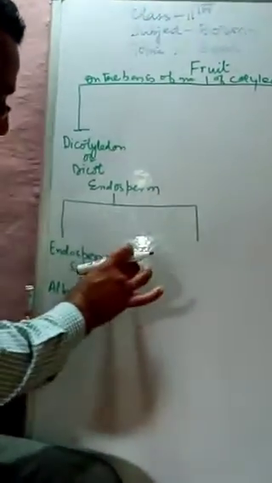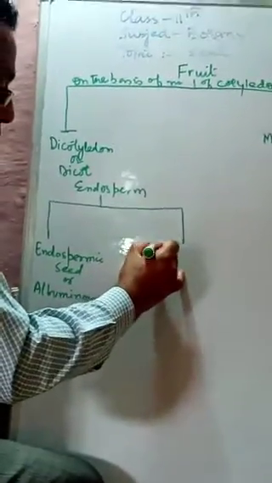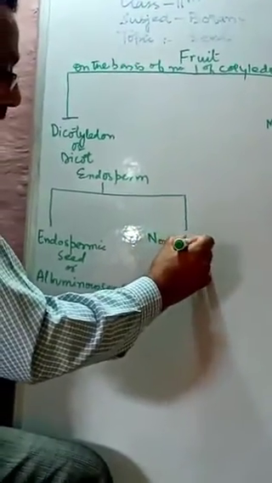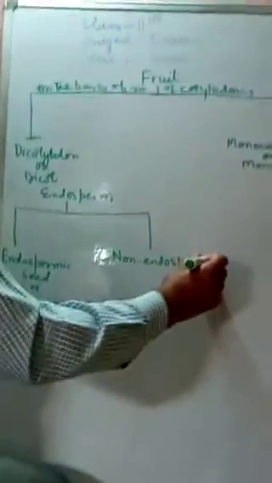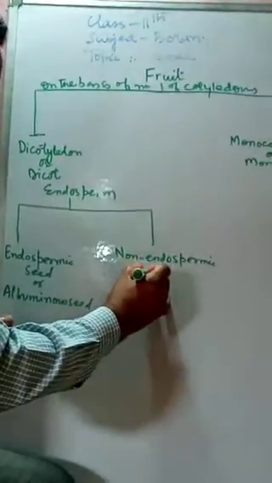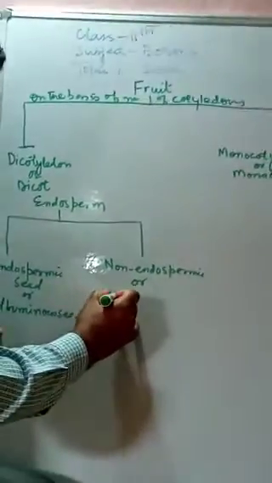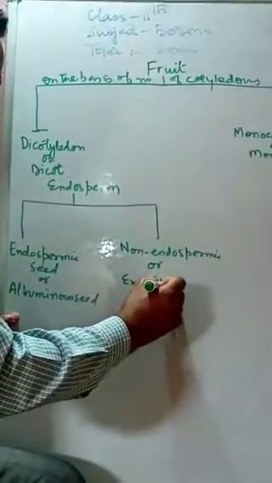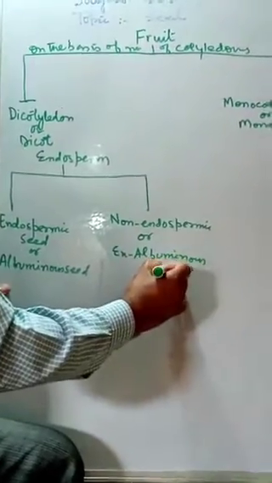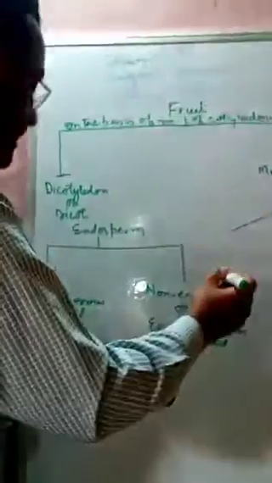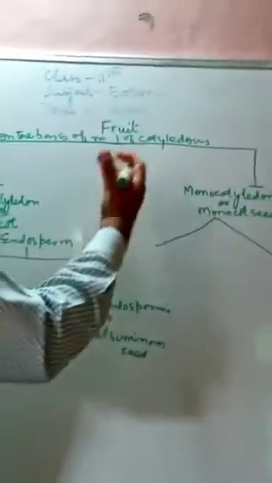If endosperm is absent, then it is called as non-endospermic seed, or we can say ex-albuminous or non-albuminous. Same terms are used in this case of monocotyledon seed, and the basis will be same.